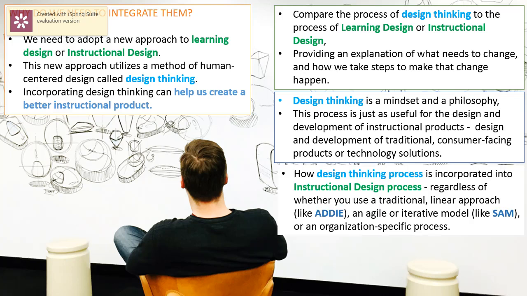For each phase or mode in the design thinking process, I'll provide an explanation of the phase and then explain how you can incorporate that mode into your instructional design process, regardless of whether you use a traditional linear approach like ADDIE, an agile or iterative model like SAM, or an organization-specific process.